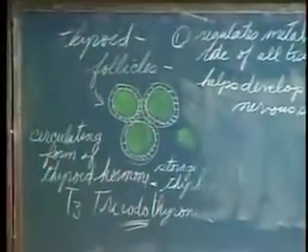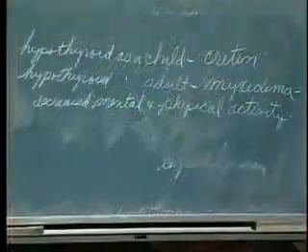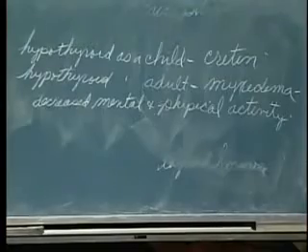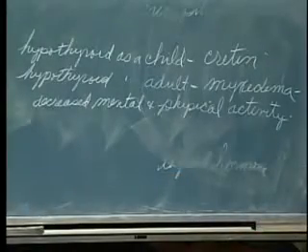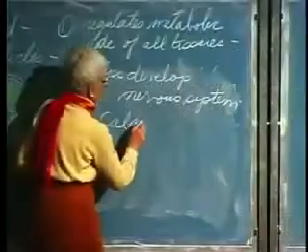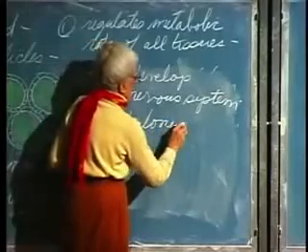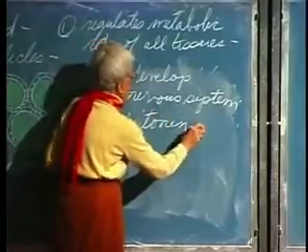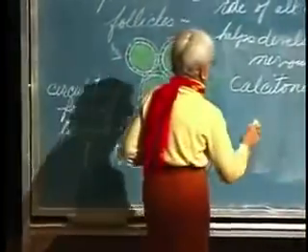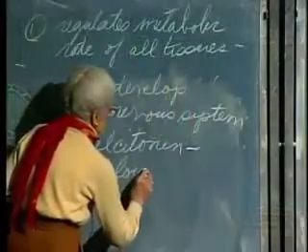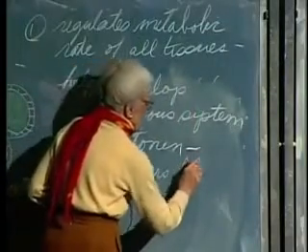So let's see. One other hormone that's coming from the thyroid is calcitonin. What does calcitonin do? It lowers blood calcium.